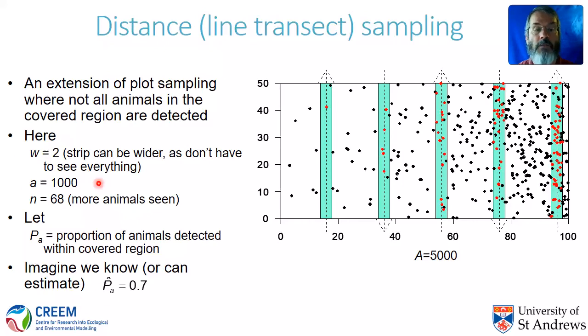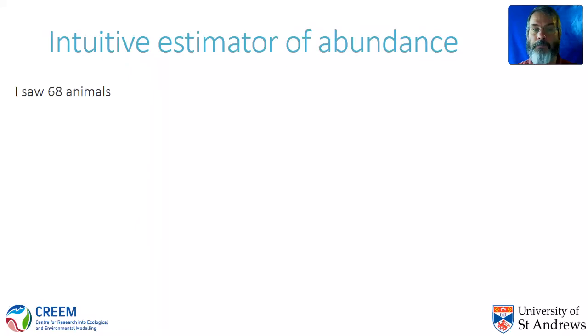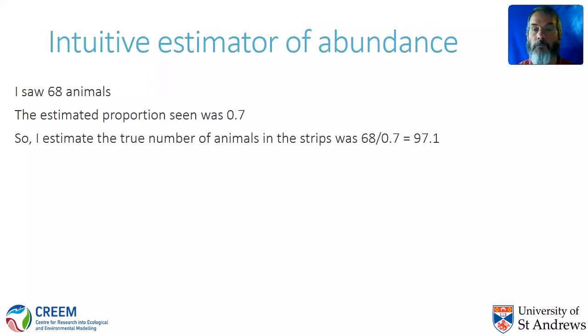So if we know all of the information on this slide, how would we proceed to produce an estimate of population size? A reminder of what we already know. We know how many animals we saw. Someone told us that the proportion of animals seen inside that green region was 0.7. And so the first step in our journey is to produce an estimate of how many animals live inside that green region, given that we didn't see them all.